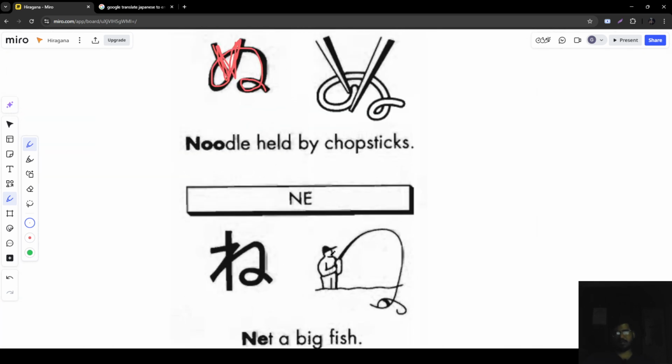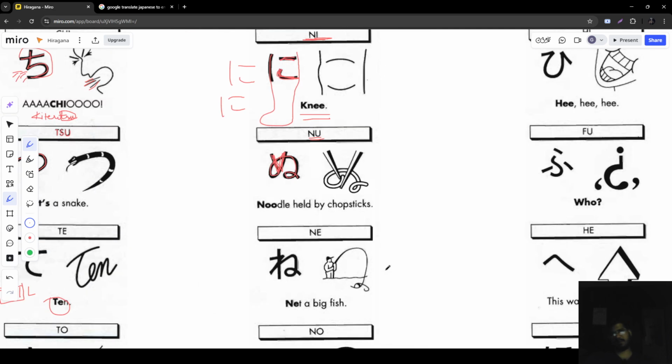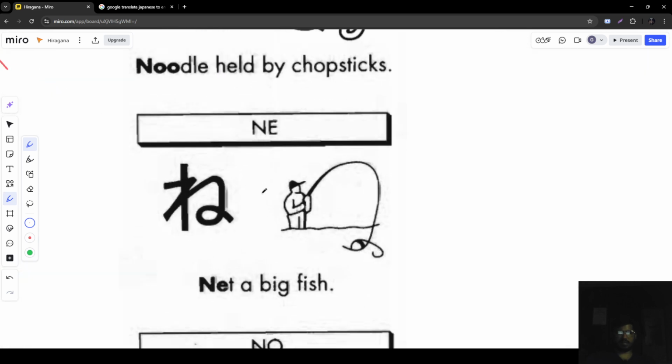The next one is ne. You got nu, right? This is nu. The next one is ne. The ne can be remembered by this word, net, a big fish. Although it's a little difficult to remember, I'll give you another one which will help you.